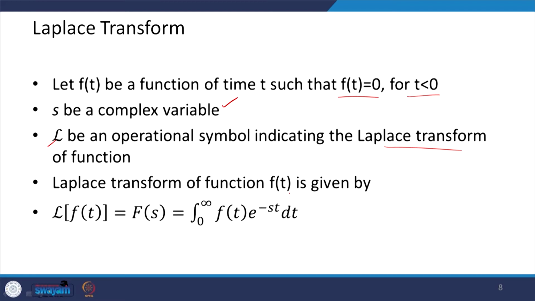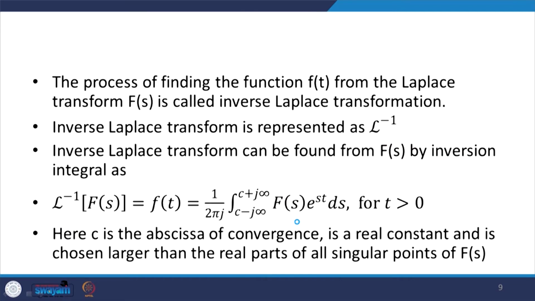Then the Laplace transform of function f(t) is represented by F(s), the integral from 0 to infinity of f(t) e to the power minus st dt. The process of finding the function f(t) from the Laplace transform F(s) is called the inverse Laplace transform.